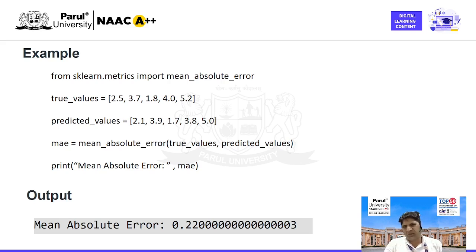That is very minimal, and it is maybe negligible or avoidable in terms of accuracy. It means you can say your model is 0.22% inaccurate. The error occurs only 0.22, and the remaining part of the model is working fine.